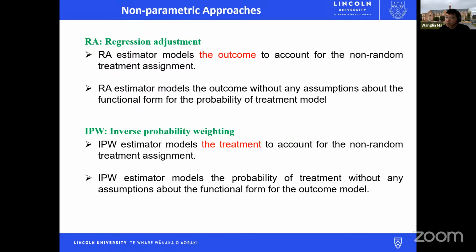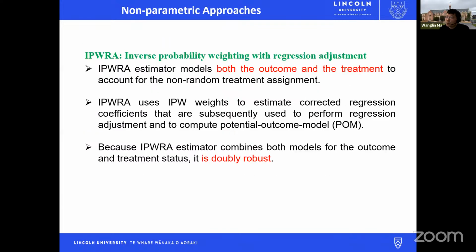The RA estimator models the outcome variable only, and the IPW estimator models the treatment equation only, while the IPWRA estimator models both the outcome and the treatment equations. IPWRA uses IPW weights to estimate corrected regression coefficients that are subsequently used to perform regression adjustment and to compute the potential outcome model.